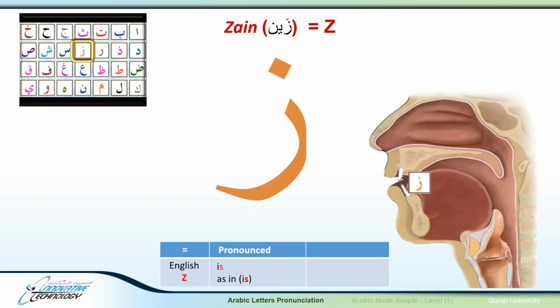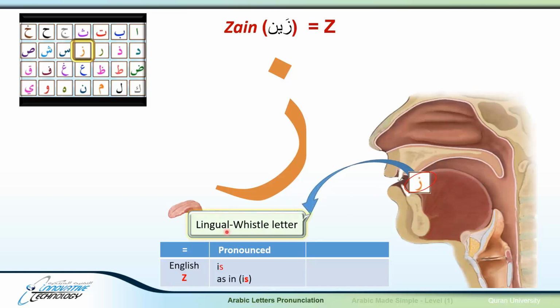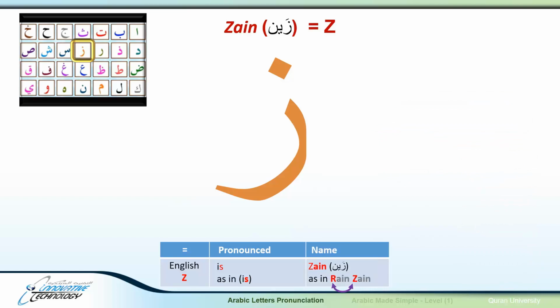It articulates between the tip of the tongue and the lower incisors, which are the lower incisor teeth, and the area in between is the articulation point, and as we pronounce it, a whistling sound is produced. That's why we classify it as a lingual whistle letter, because it gives a whistling sound. It's named zain, as in rain, but exchanging the R with a Z. So, zain is pronounced z.